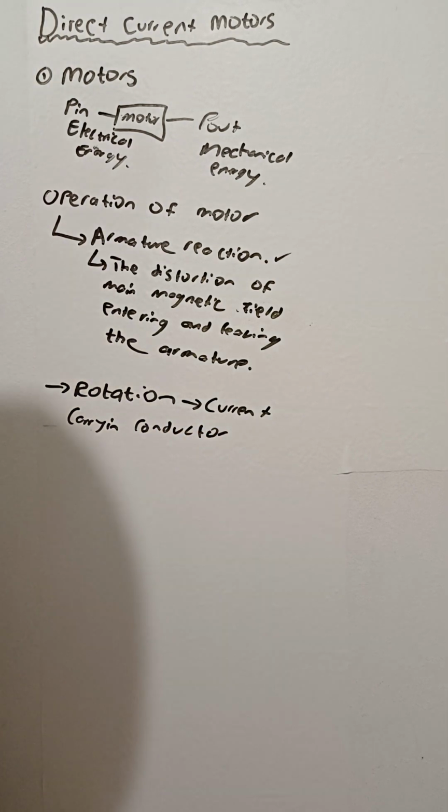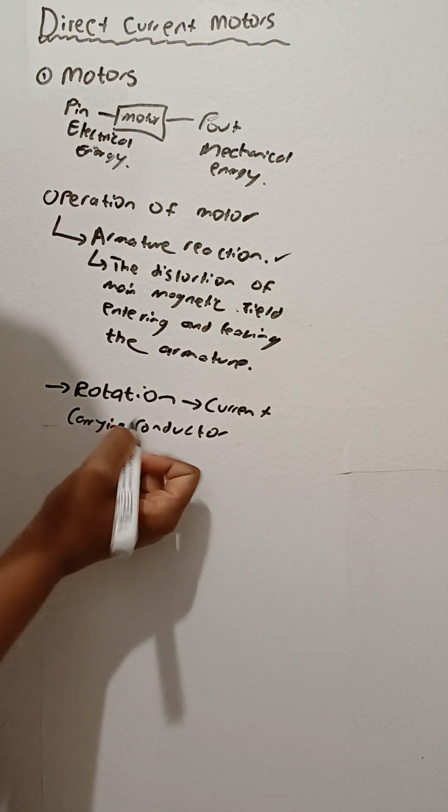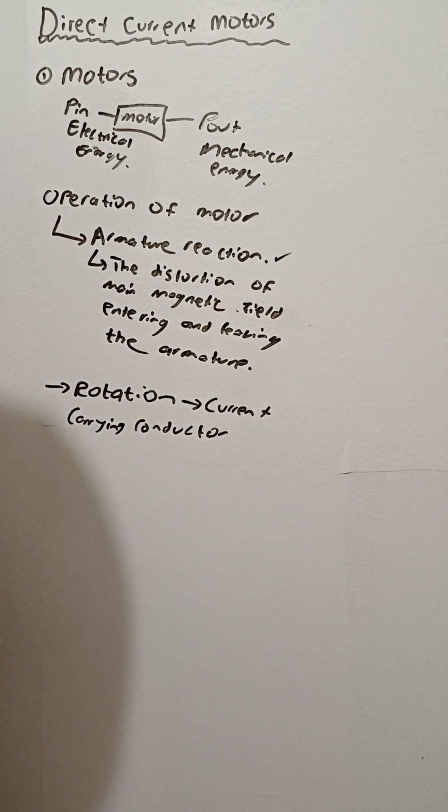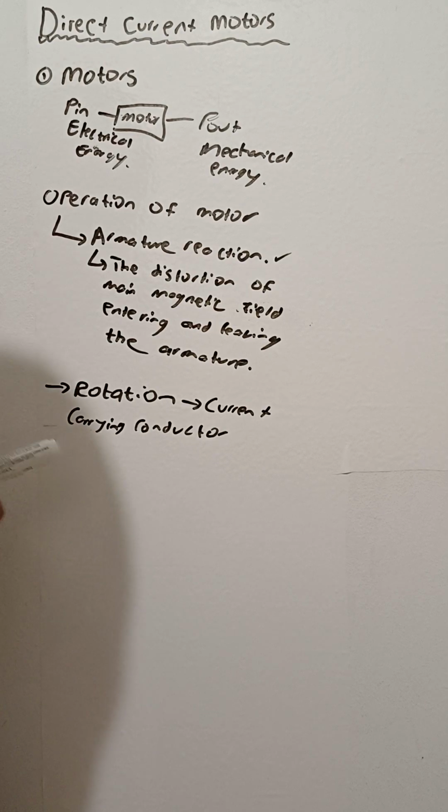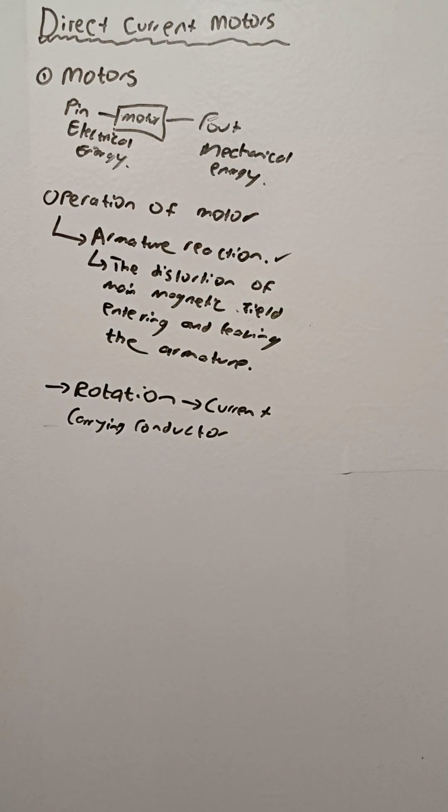They enter the current carrying conductor in order to get a rotation so that the magnetic field can be cut into the magnetic flux. They enter the current carrying conductor in order to have the rotation.